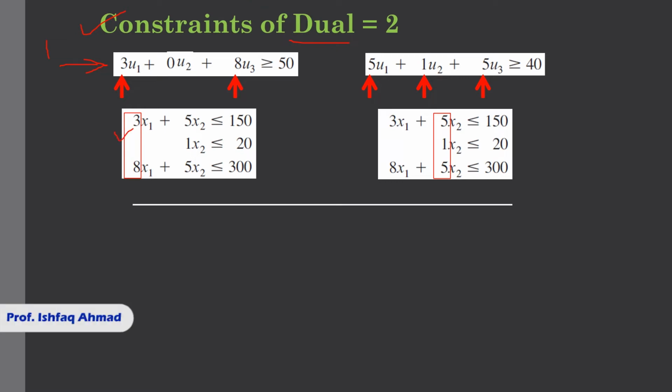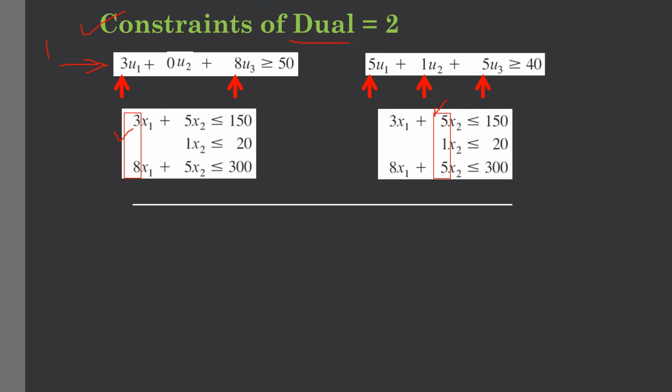coefficients from these terms and we multiply them with the variables, and we generate the first constraint from the first column of the primal. Similarly, from the second column of the original problem, the primal, we construct the second constraint of the dual. For example, here is 5, 1 and 5.